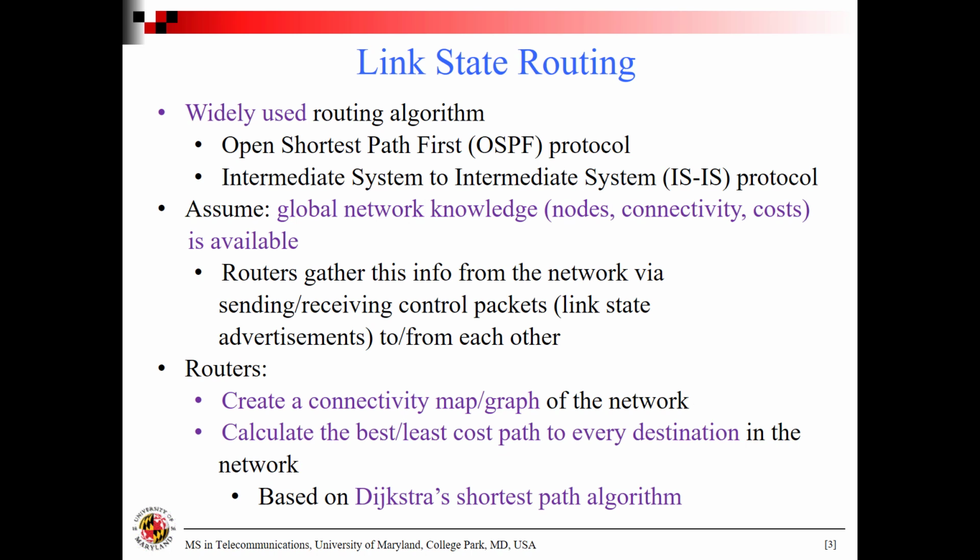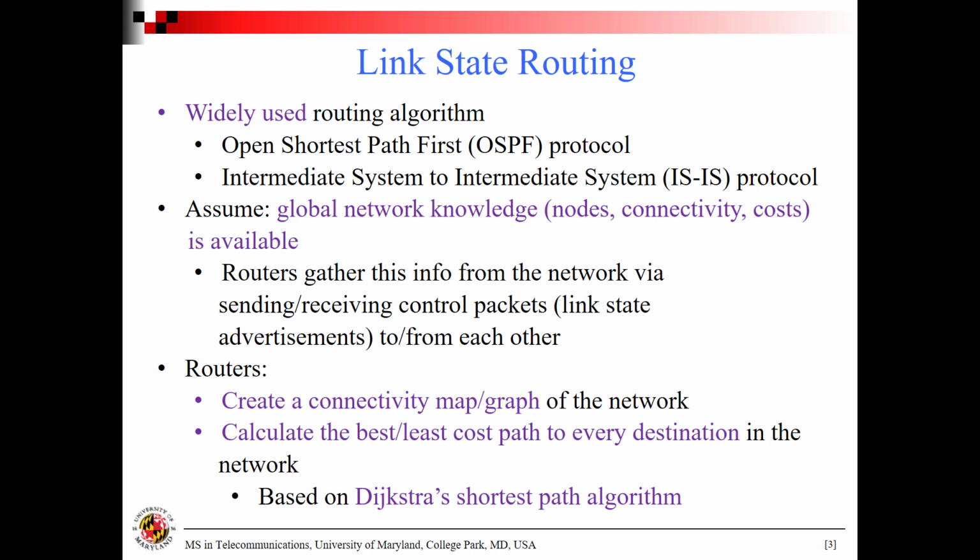Alrighty, so let's look at link state routing. That's a particular approach to calculating paths between a given source node and the destination node. Why would we care about link state routing? Well, the main reason is that this is a very popular routing algorithm.